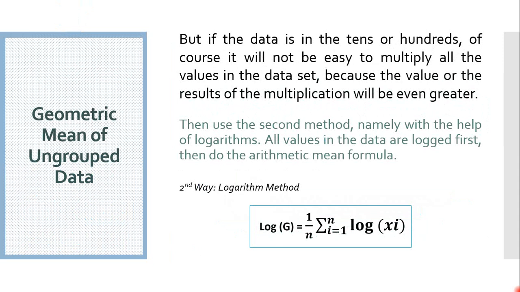Then we can use the second method, namely with the help of logarithms. All values in the data are logged first, then do the arithmetic mean formula. This is the formula of the second way, or the logarithm method.